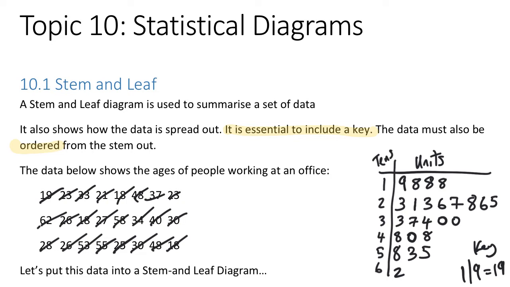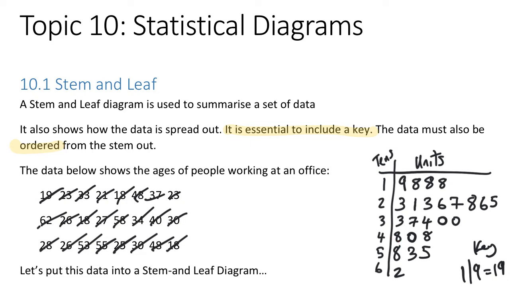Now we haven't actually finished our stem and leaf diagram. We've put the data into this, but it said the data had to be ordered. So we need to rewrite it so that these numbers are ordered from the stem out. Instead of having 9, 8, 8, 8, we're going to have 8, 8, 8, 9.